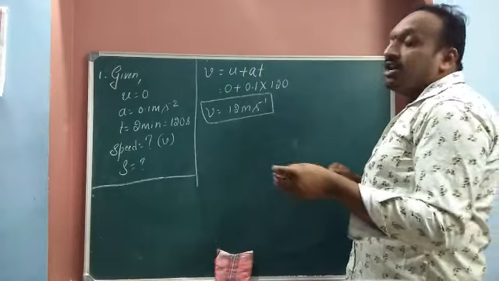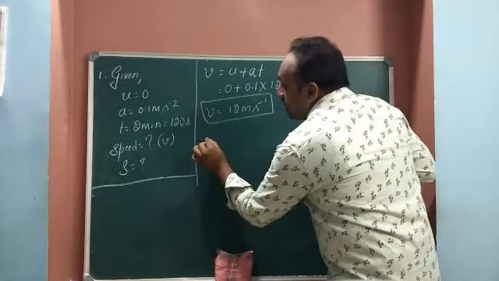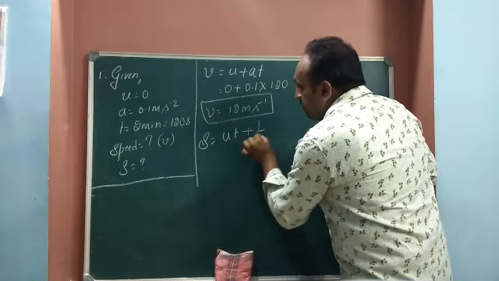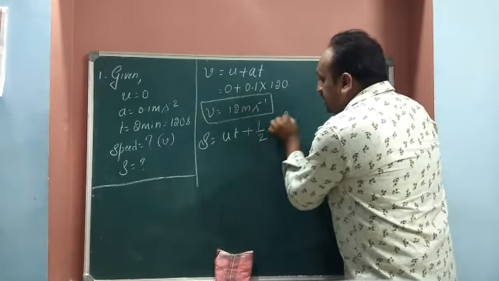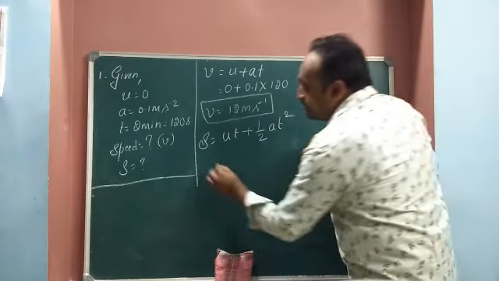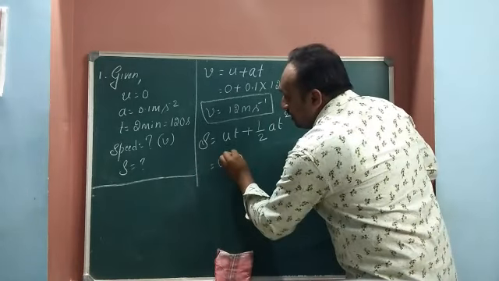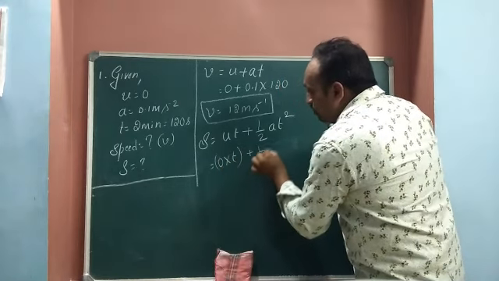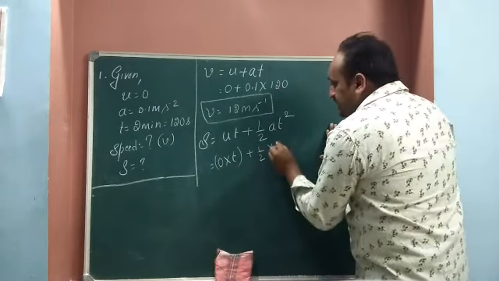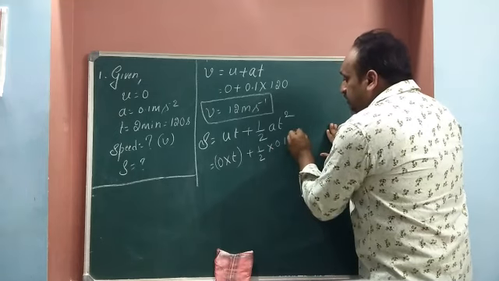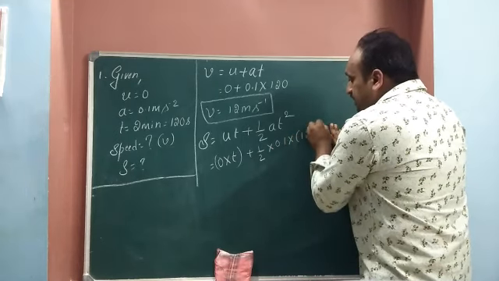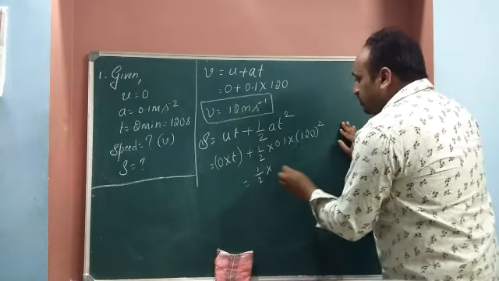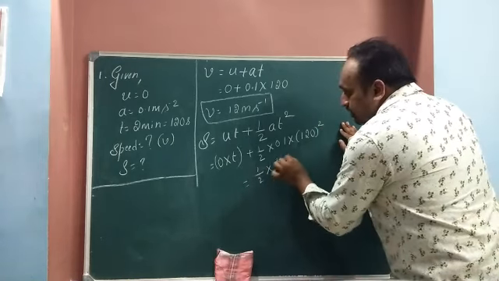So we need to find the value of the distance traveled. So we are going to use s is equal to ut plus half at square. Substitute the value. 0 into t plus half into a is 0.1 into t is 120 square, which will be equal to half into 12 square is 144.